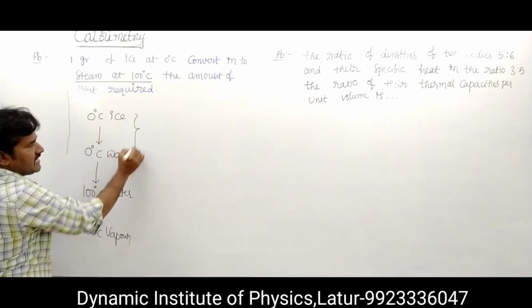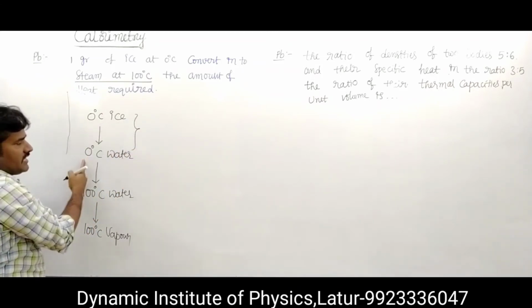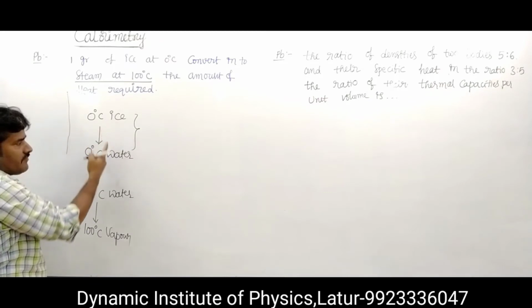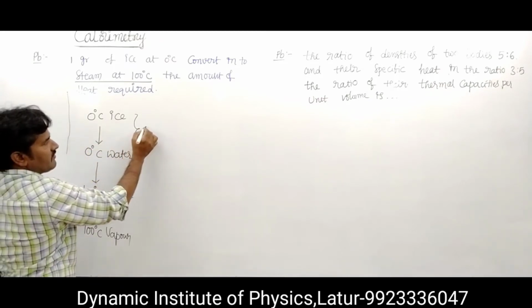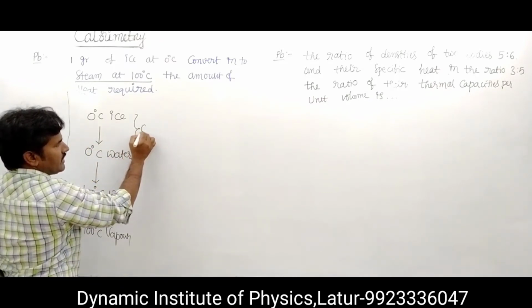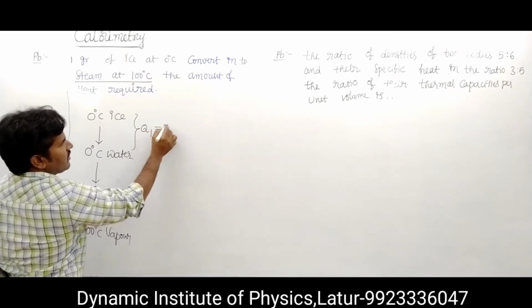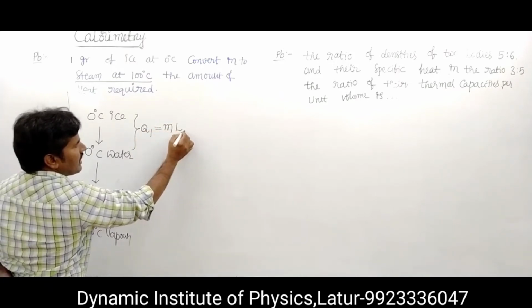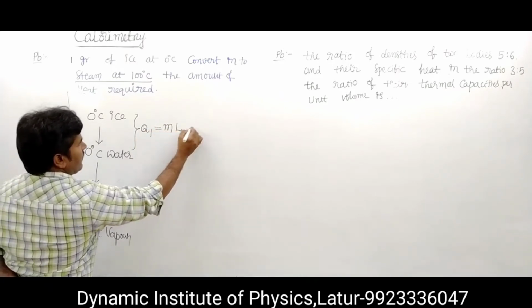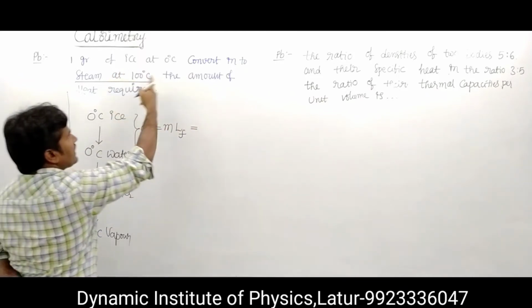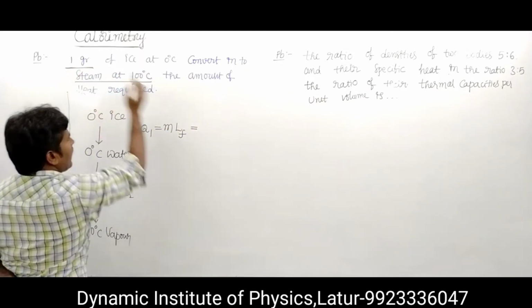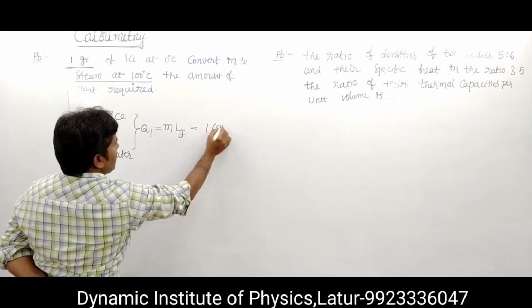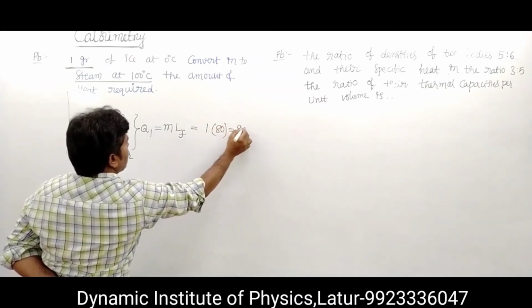In the first stage, it is state conversion only, ice converted into water. Here the heat Q1 is written as m into L fusion. M is given as 1 gram and fusion is 80, so this equals 80 calorie.